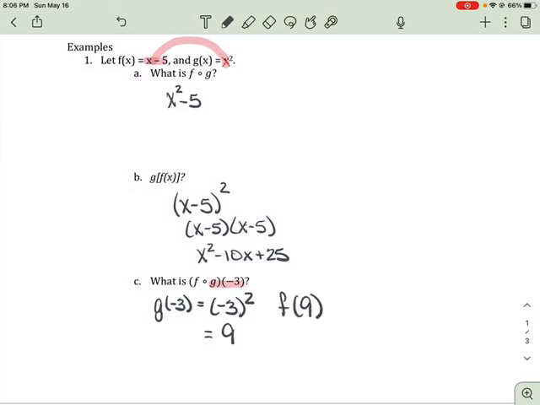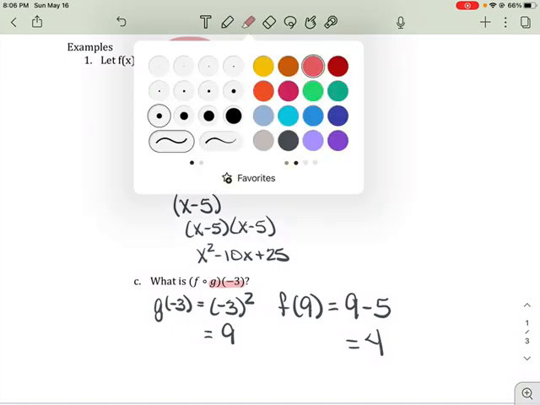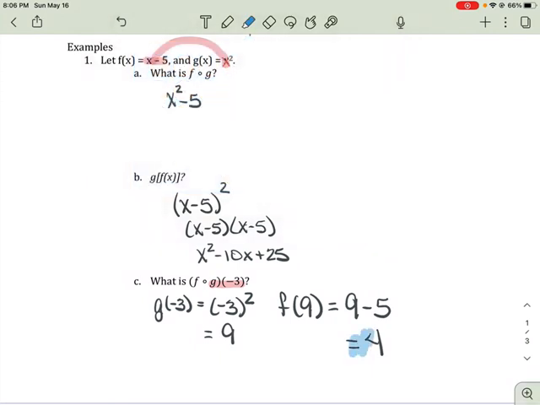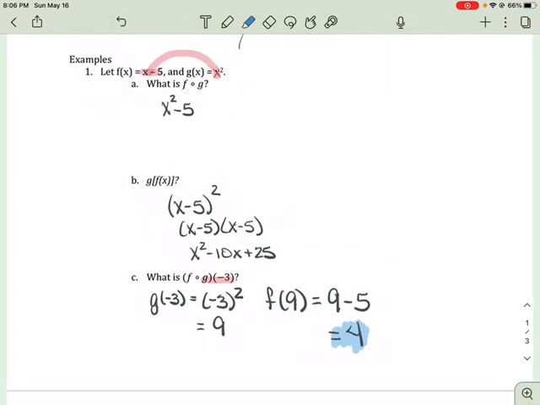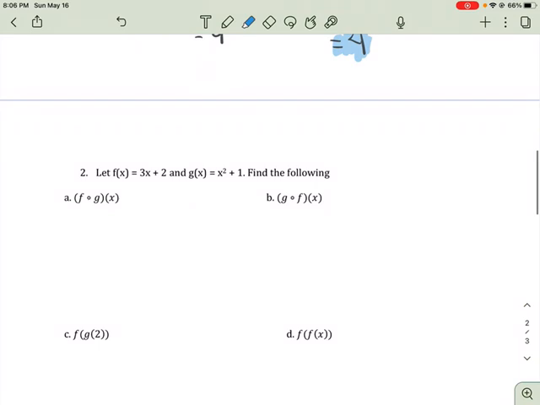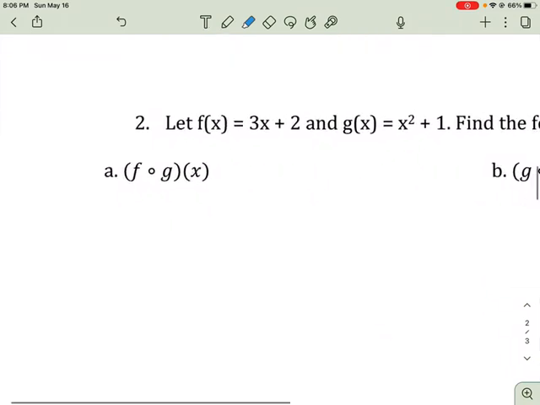Now we take that answer and find f of 9. That's 9 minus 5, which is 4. So f composed of g of negative 3 is 4. This is your final answer. All right, let's try some more because it does get confusing.